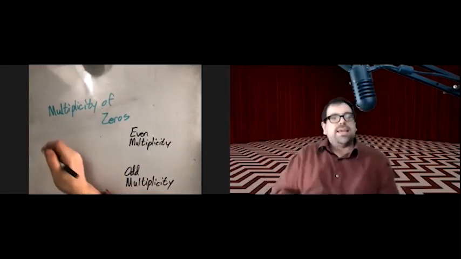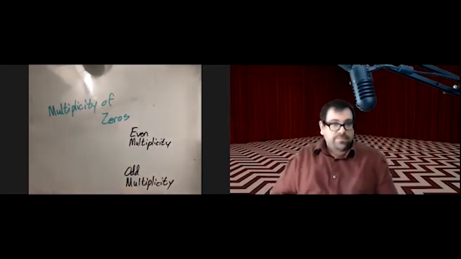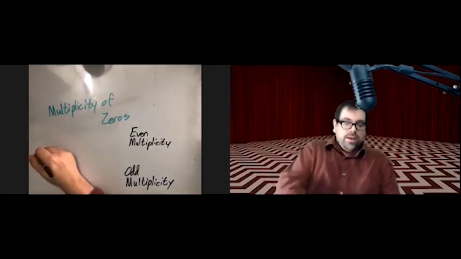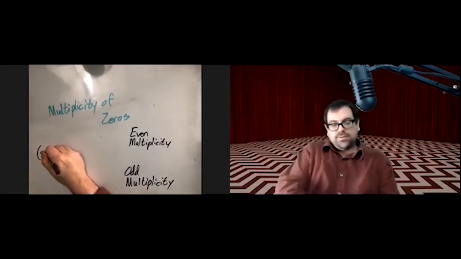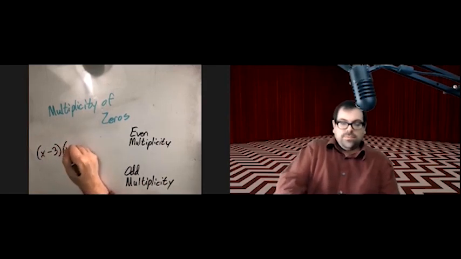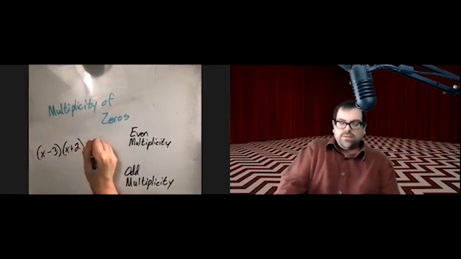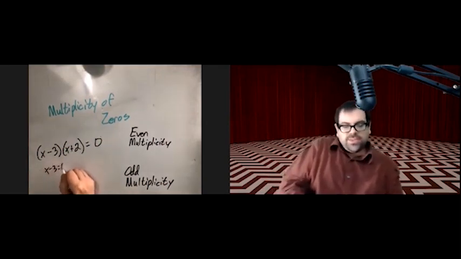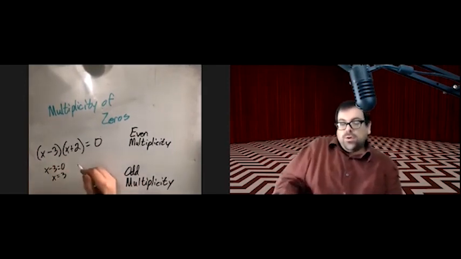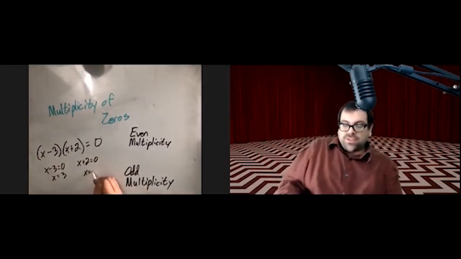When we get to the end of a factoring problem and we have to do the zero product property, if it's something like this, we go x minus 3 equals 0. That means x equals 3. We have x plus 2 equals 0. That means x equals negative 2.